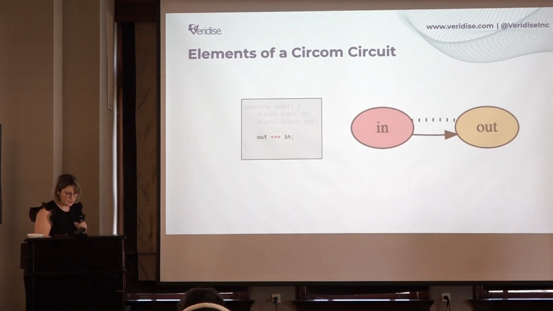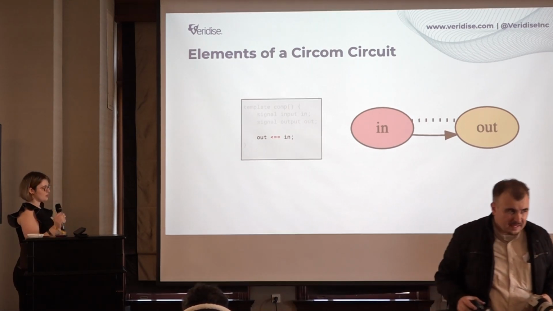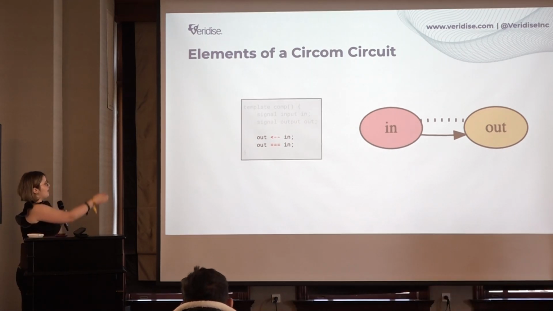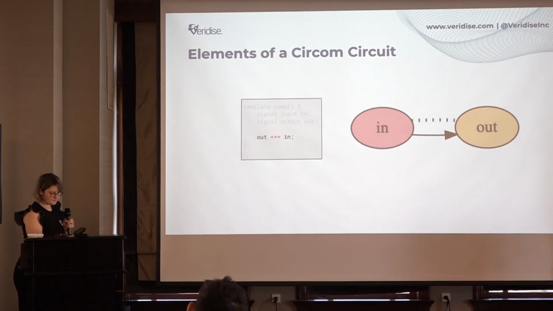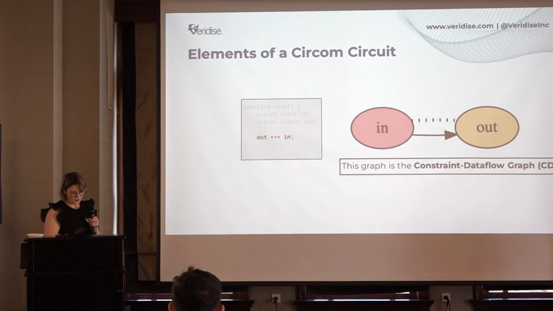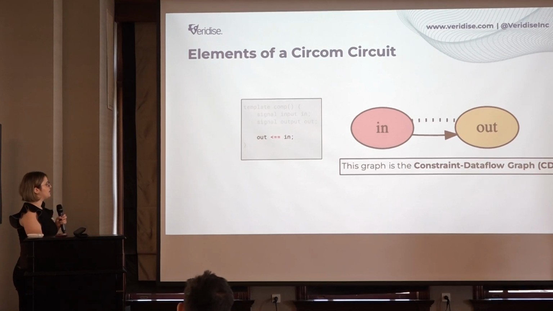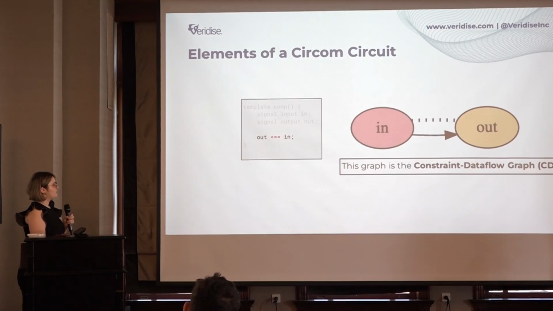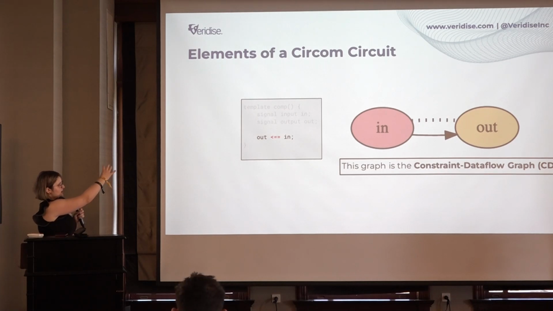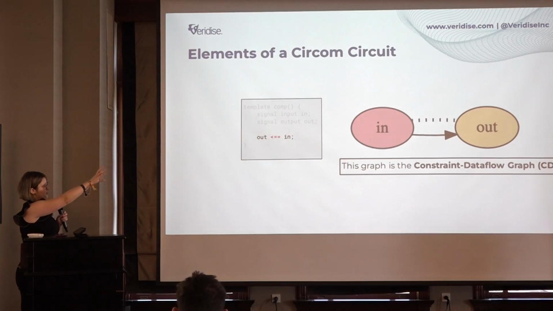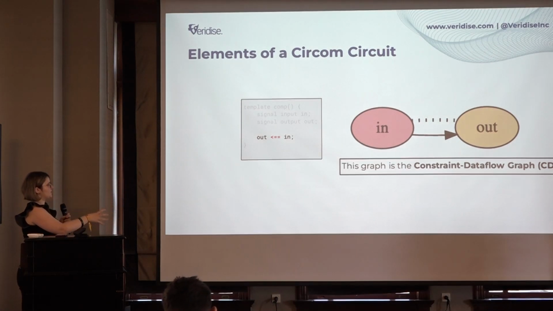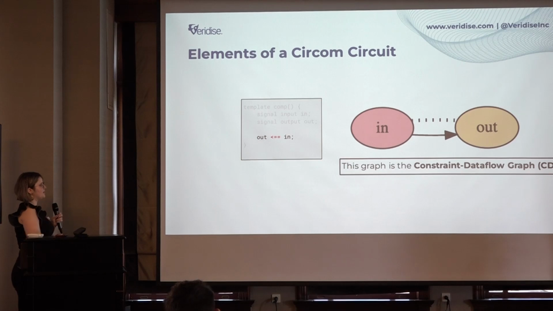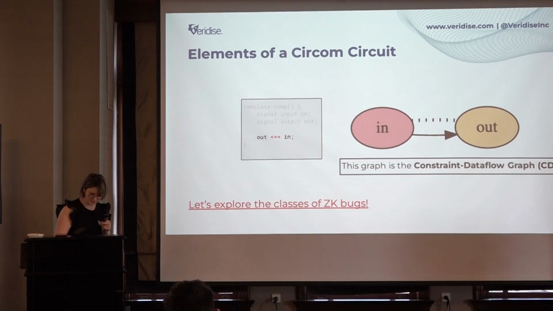And there is this special operator with arrow and double equal, which actually is the equivalent for these operations combined. Perfect, so we call this the constraint data flow graph because the data flows from the input to the output, and we added this constraint part because we actually reason about the constraints that are part of the circuit.